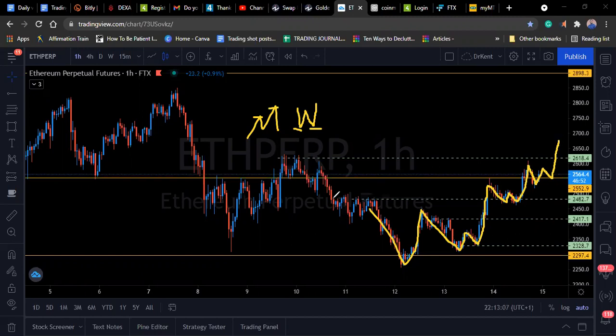In moving down, you see this is an M, comes down, pushes higher again, comes down, gives you another small M, another M, pushes down.